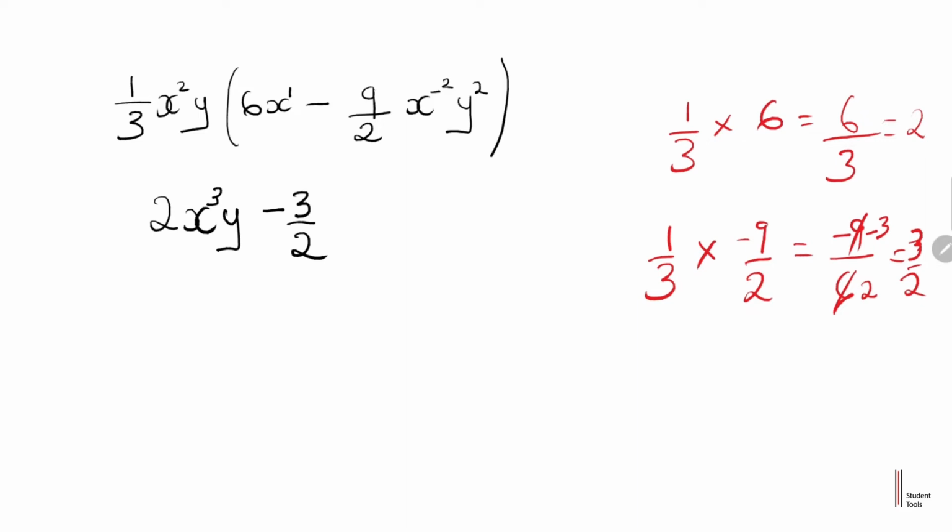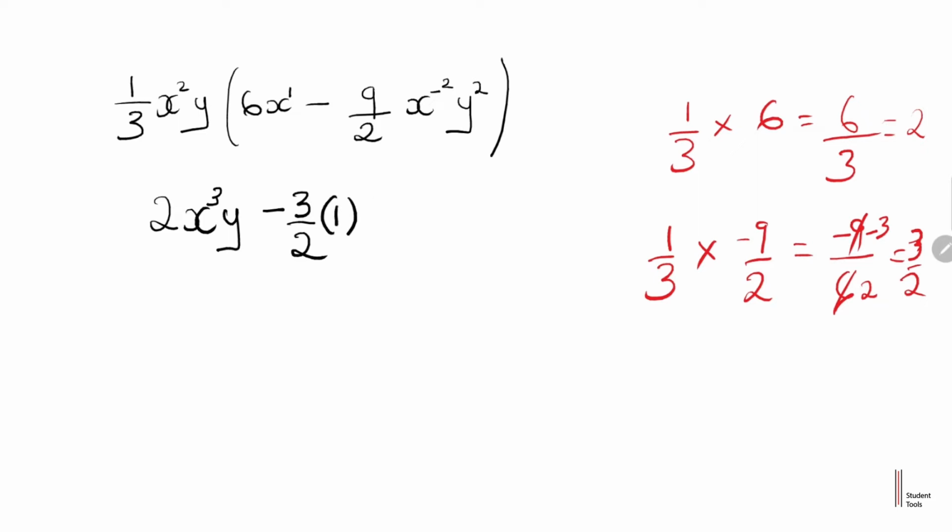And then we come to the x squared multiplied by this x to the minus 2. Because we add the indices, this will be 2 plus minus 2, which is the same as 2 minus 2. So that's 0, and anything to the power 0 is 1. So x to the power 0 will be 1.